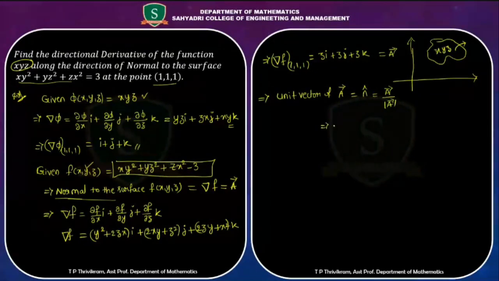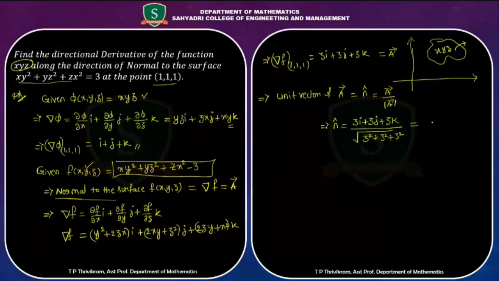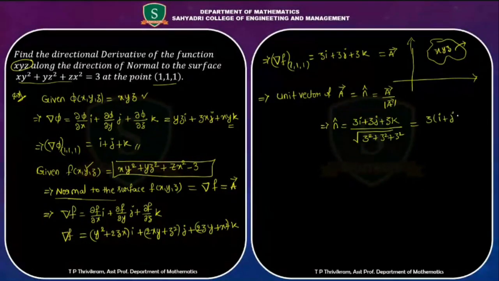So n cap is equal to how much you'll get? 3i plus 3j plus 3k divided by root of 3 square plus 3 square plus 3 square. So this one is equal to, if you take 3 common, i plus j plus k divided by, if you take 3 square common, so I'll get root 3 you'll get. So outside 3 get cancelled, 3 root 3 you'll get here.